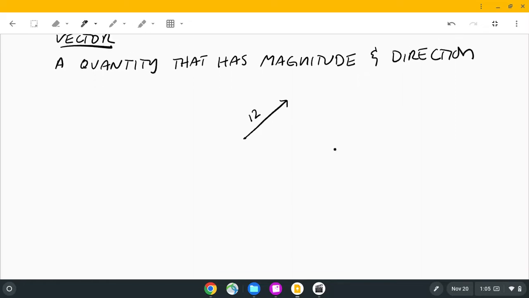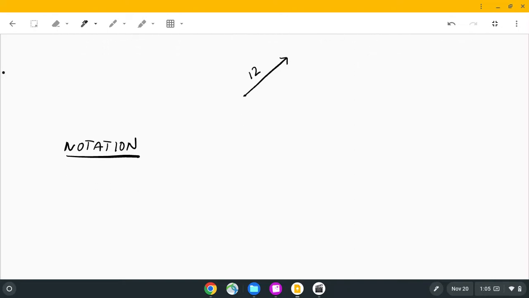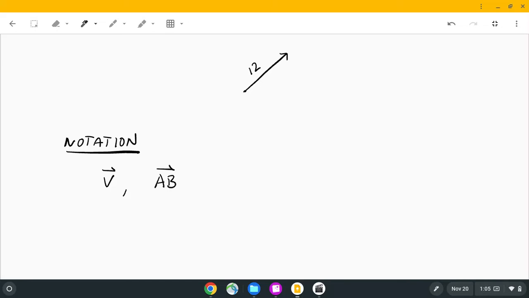All right, so notation. If we have a vector v, we could write it like this, just an arrow on top, vector v. If it's a vector that starts at one point A and goes to another point B, then we can also call it vector AB. Another way we could write it is like this, x, y.